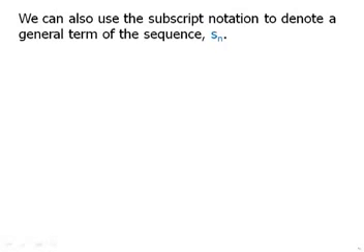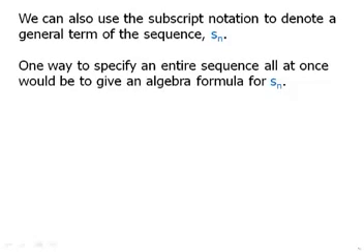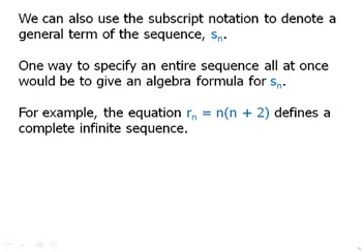We can also use the subscript notation to denote a general term of the sequence, s sub n. Here n stands for any natural number, so n could be 1, 2, 3, 4, etc. One way to specify an entire sequence all at once would be to give an algebraic formula for s sub n. For example, the equation r sub n equals n times (n plus 2) defines a complete infinite sequence.